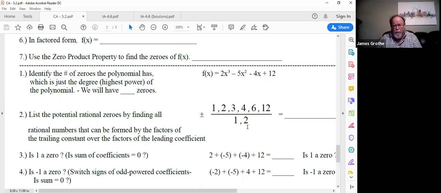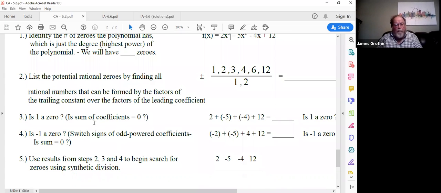But 2 over 2 is 1, we already have that. 3 over 2 is 3 halves. 4 over 2 is 2. 1 half, and 3 halves, all positive.